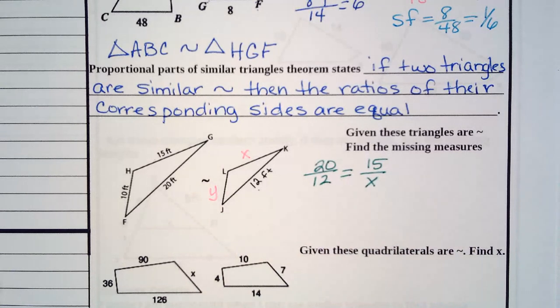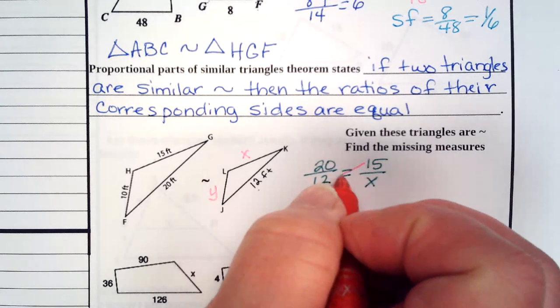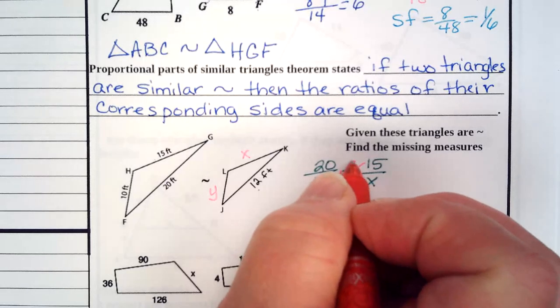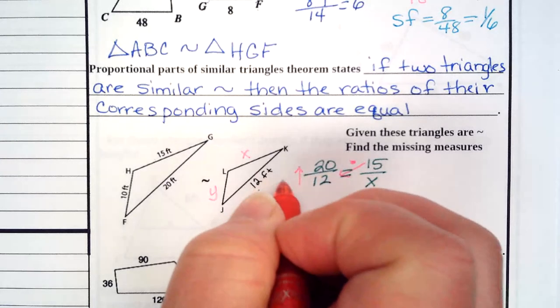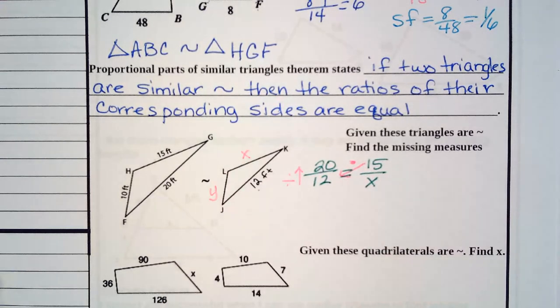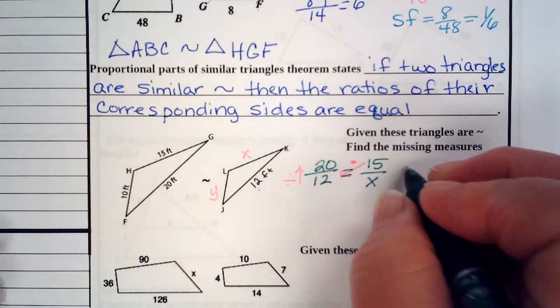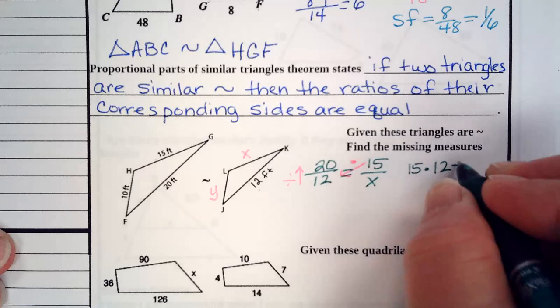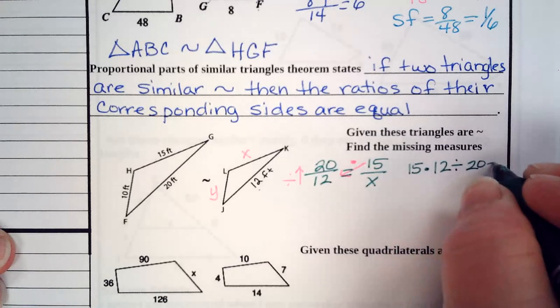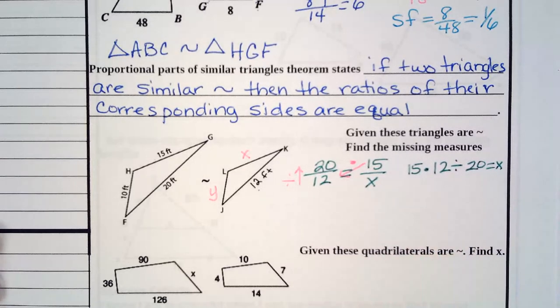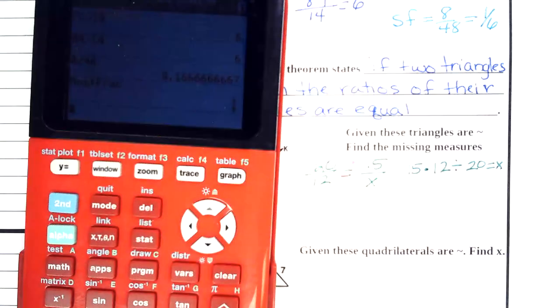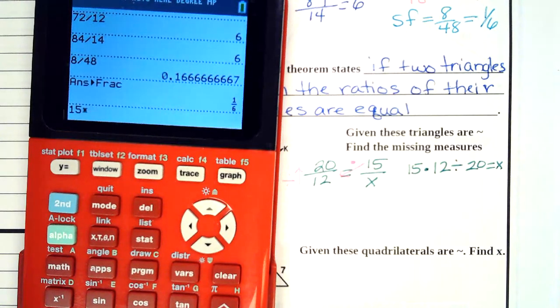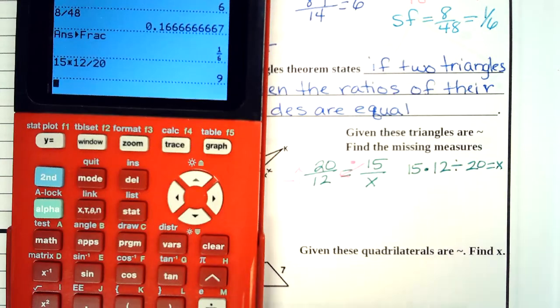To solve, you multiply at your diagonal and then you divide going up. 15 times 12 divided by 20 is equal to X. And we get 9.